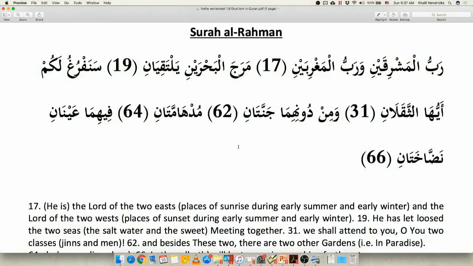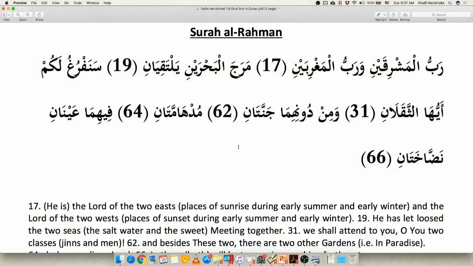There's a place called Morocco, and in Arabic Morocco is called what? Al-Maghrib. Because Mashriq, from Sharaqa, is the place where the sun rises. And Maghrib, from Gharaba, is where the sun sets. So Mashriq is the rising place of the sun, or the east.